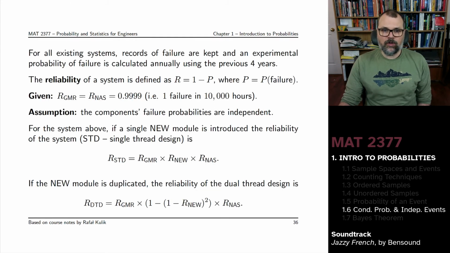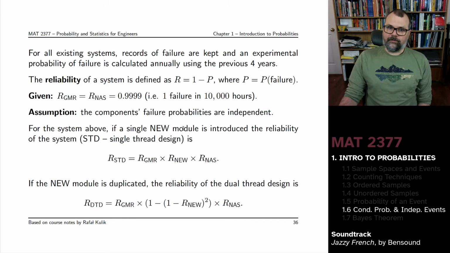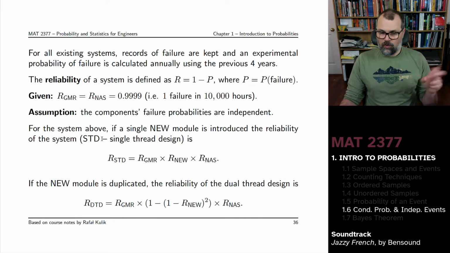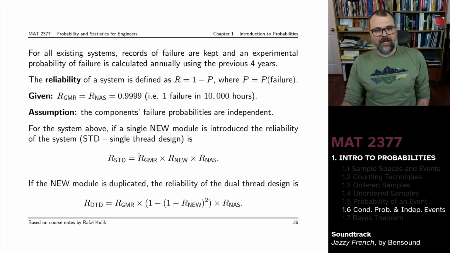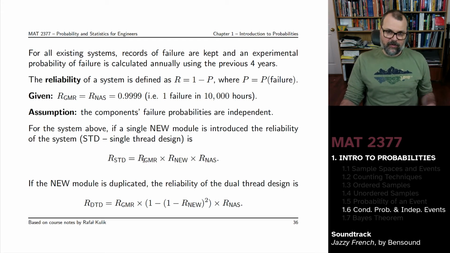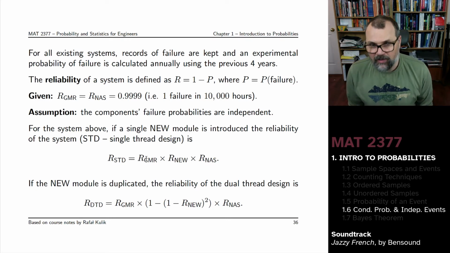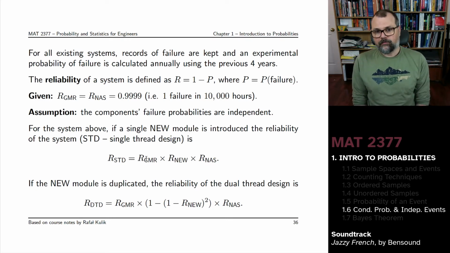If you just add one new component, the reliability of the single thread design, the STD, would be the reliability of the GMR times the reliability of that new component times the reliability of the NAS, right? Because you're assuming that failure and success in each of the components is independent.